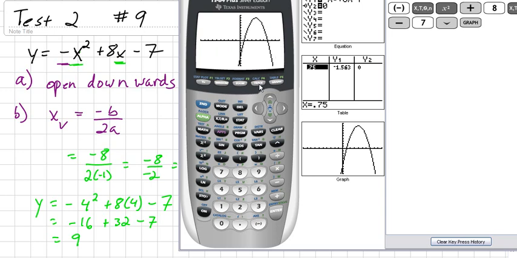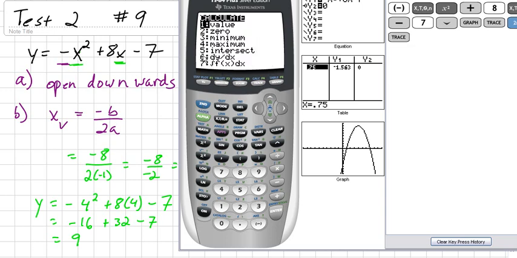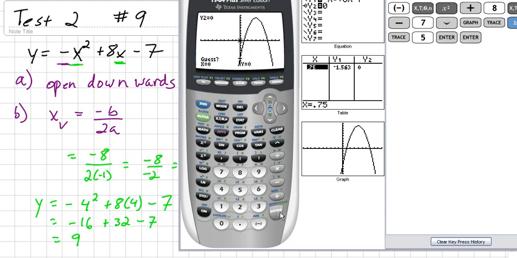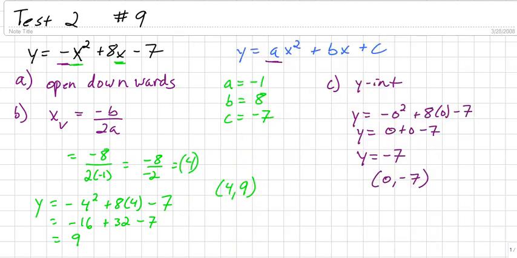So I bring up my little bug, go to second trace, and go down to option number 5, which is intersect. It asks if that's the first line. Yep. And the second line? Yes. The first location ends up being x equals 1, so I have an x-intercept at 1, 0.